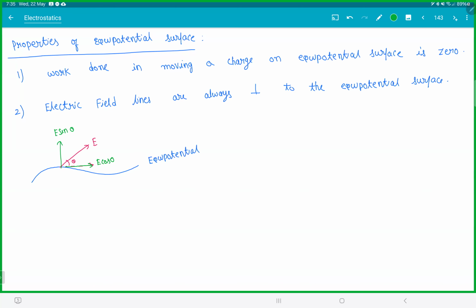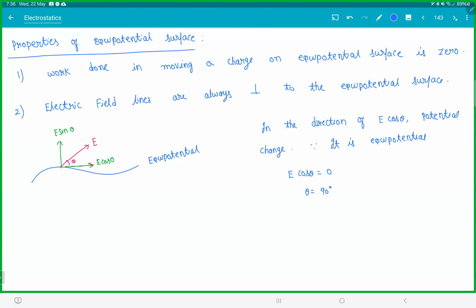Remember, we wrote a definition: in the direction of field, potential will change. So in the direction of E cos theta, the potential should change. Basically, tangential direction. But you said this is an equipotential surface. Since it is an equipotential surface, the field component along it should be 0. You cannot change the potential. Theta has to be 90.